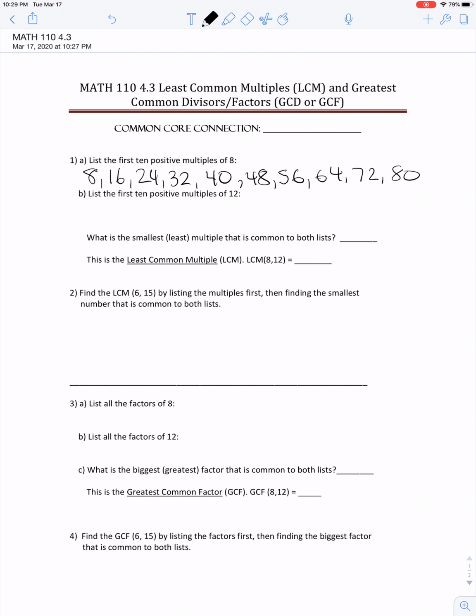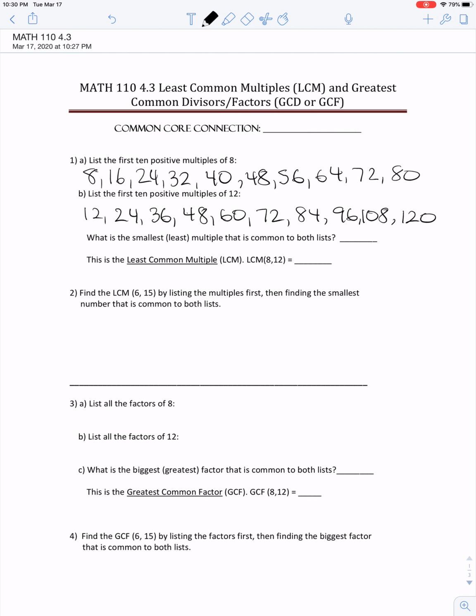Now do the same thing for 12s. So we've got 12, 24, 36, 48, 60, 72, 84, 96, 108, and finally 120.